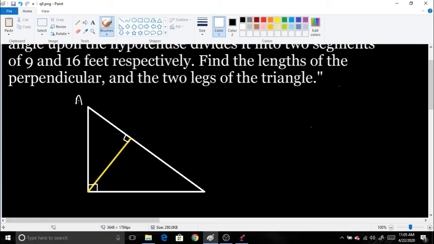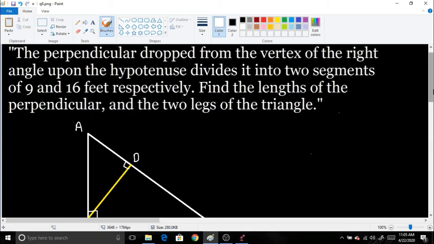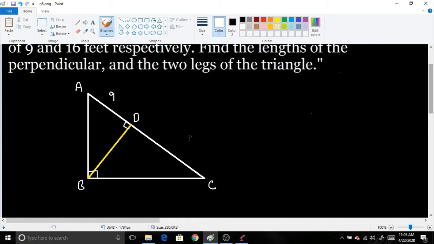Now let's say this point is A, this one is B, this one is C, and this one is D. The question says that the perpendicular divides the hypotenuse into two segments of 9 and 16 feet. So AD will be 9 feet and DC will be 16 feet. We have to find both legs, which means we have to find the length of AB and BC.